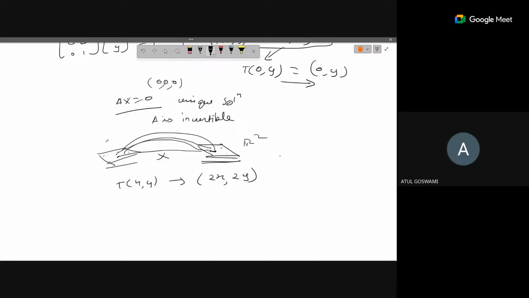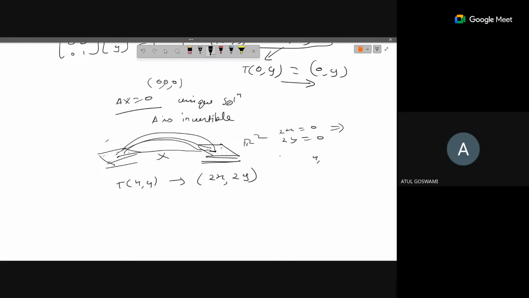Is this mapping one-one or not? Can you check why it is one-one? Very simple. Just put 2x, 2y equal to 0.